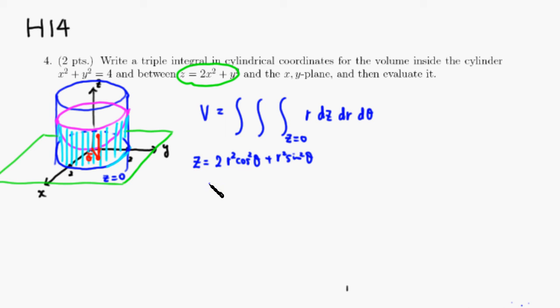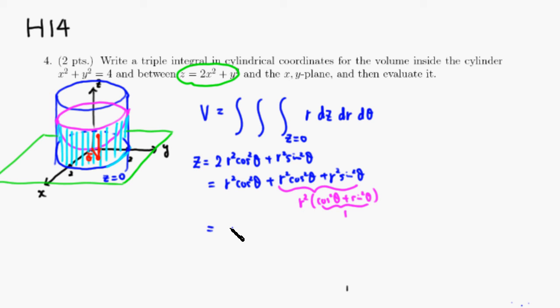So we can split it into r squared cosine squared theta, another r squared cosine squared of theta, plus r squared sine squared of theta. For this part, we can factor out the r squared, then you have cosine squared of theta plus sine squared of theta, which is 1. So what you get is just r squared.